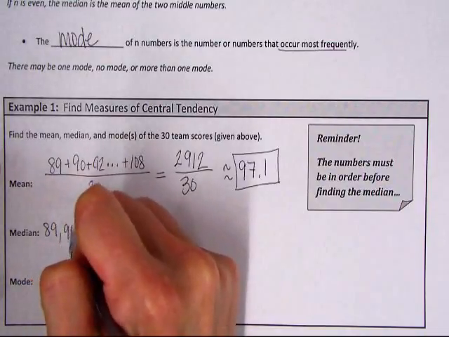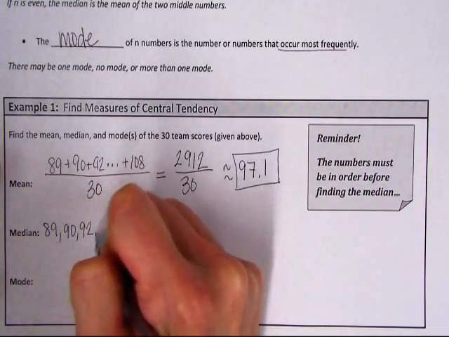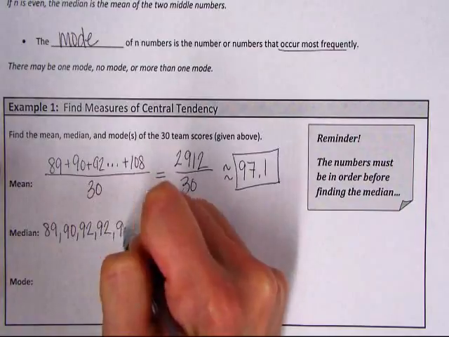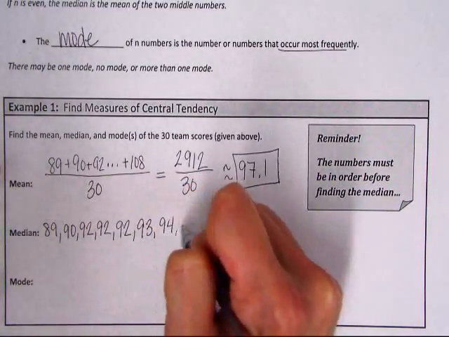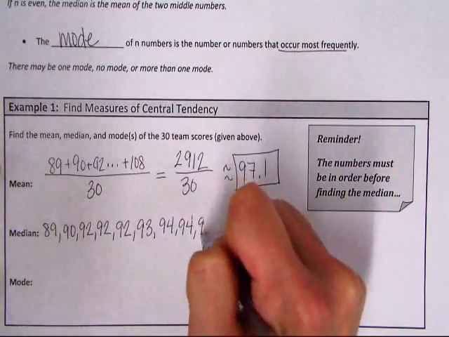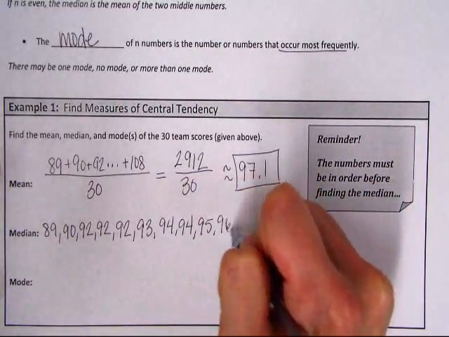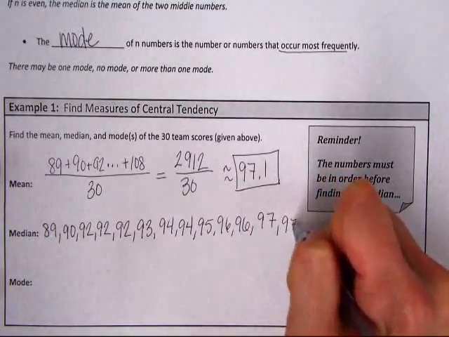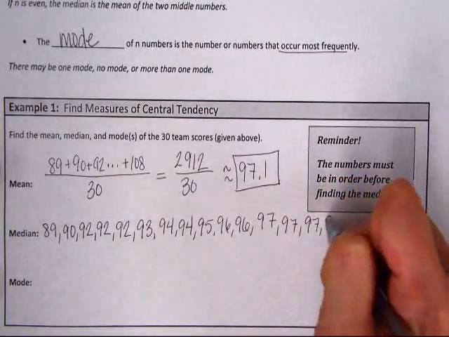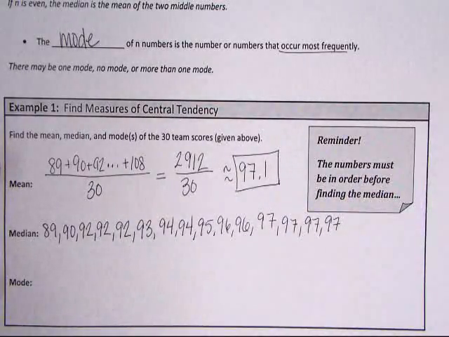I got 89, 90, 92, 92, 92, 93, 94 twice, 95, 96 twice, 97, I believe you guys got 4 times.